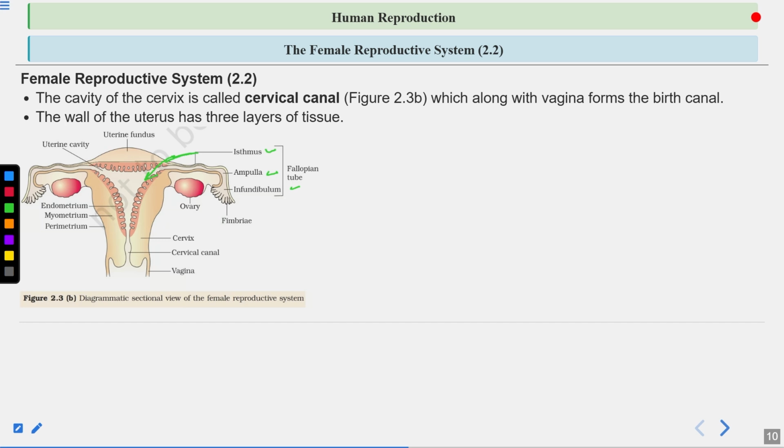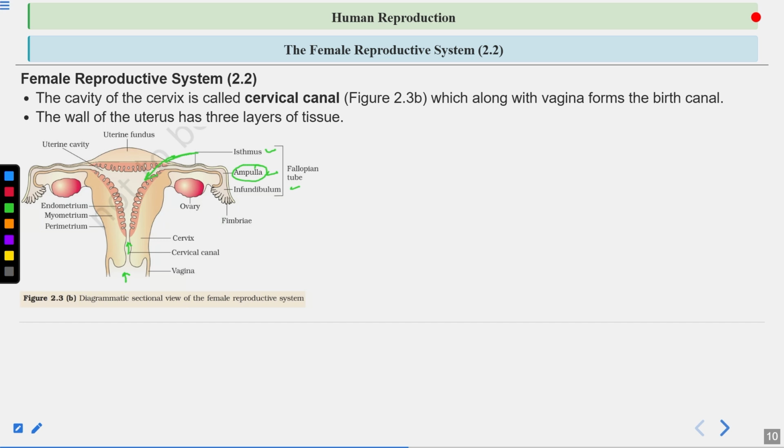Now, how can the sperms travel to the ampullary region? Sperm will enter through the vagina during the process of insemination. They will travel through the cervix and then finally reach the ampullary region of the fallopian tube, where fertilization will occur. So to block the entry of the sperms, what is done?